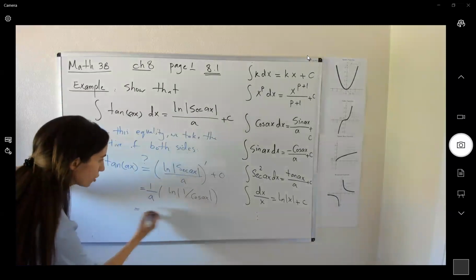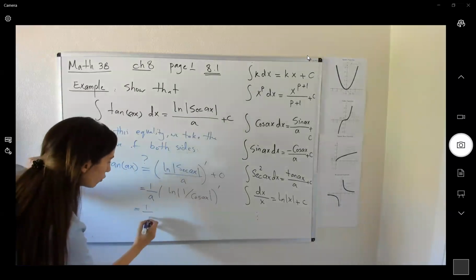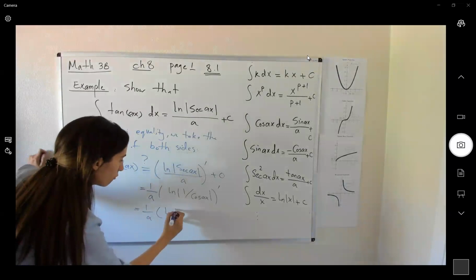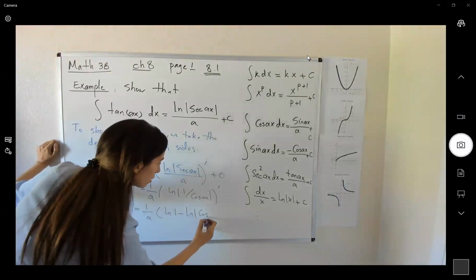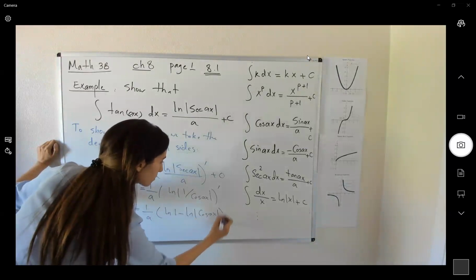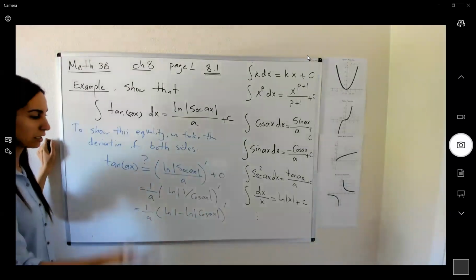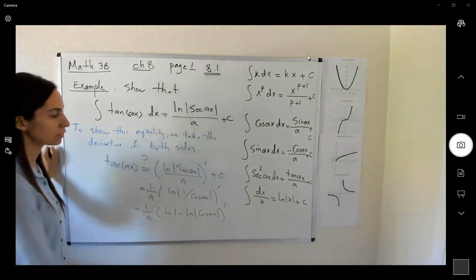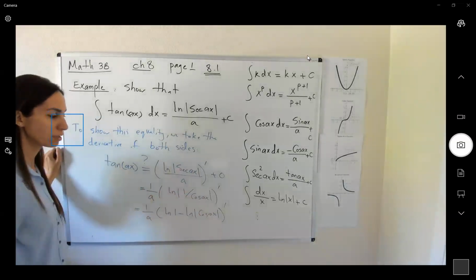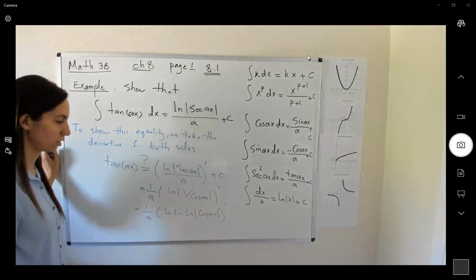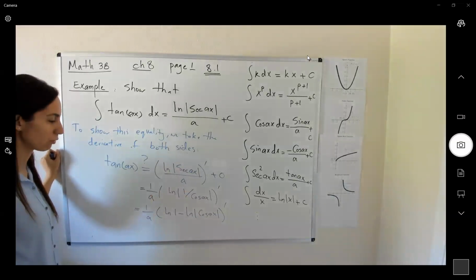So this is actually 1 over a times ln of 1 minus ln of cosine ax. We make it easier for ourselves. Instead of taking the derivative of secant, now you only have to work with the derivative of cosine, which is much easier to deal with.